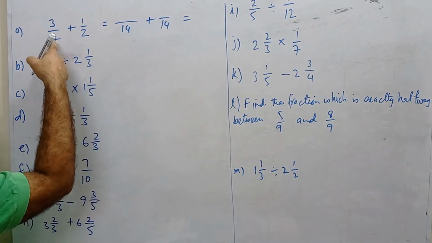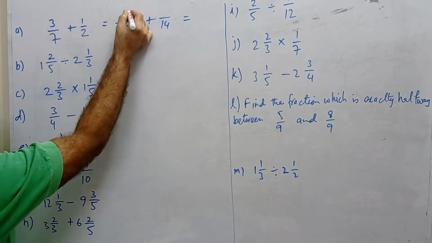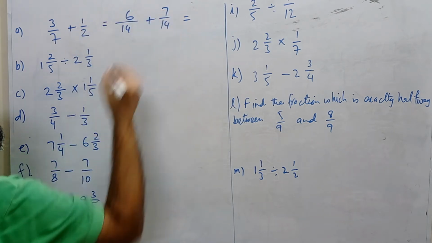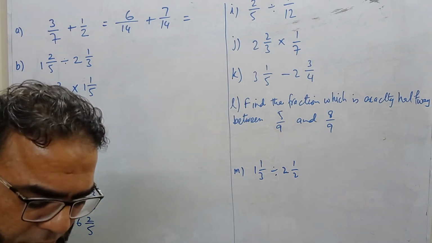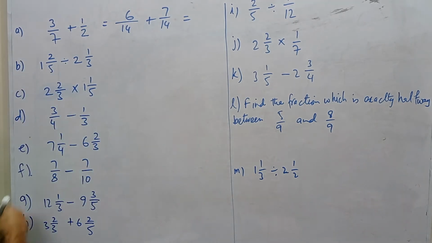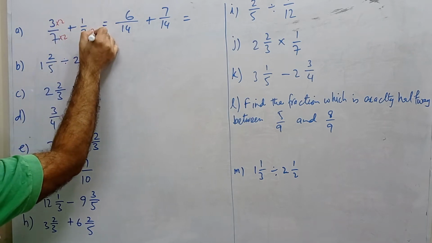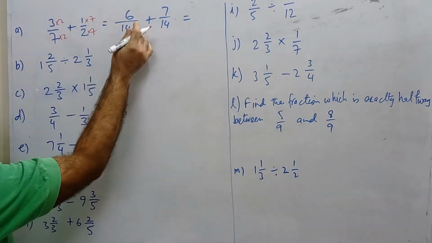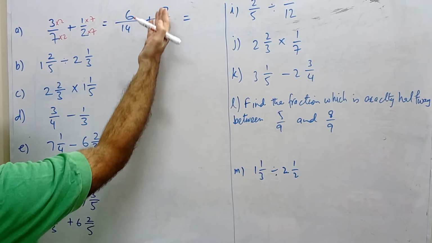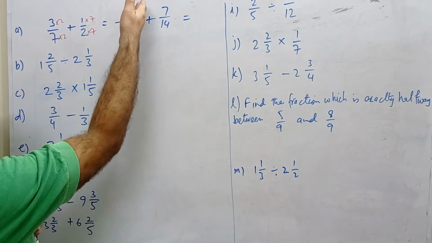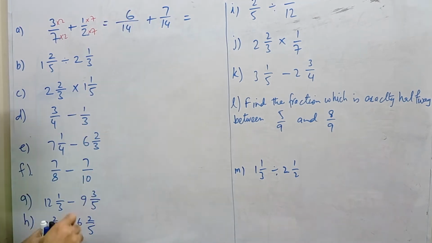So 7 times 2 is 14, 3 times 2 is 6, 2 times 7 is 14, 1 times 7 is 7. Basically we have used here the concept of equivalent fractions. This is times 2, this is times 7. That is how I get the 6, and now this is 7. So your answer is going to be 6 14ths plus 7 14ths.